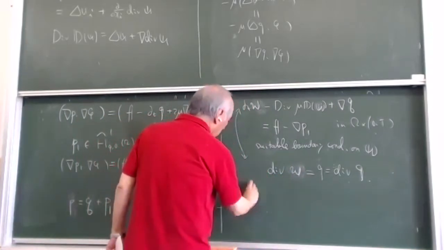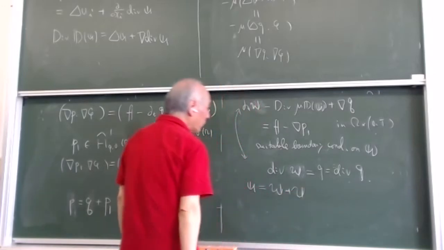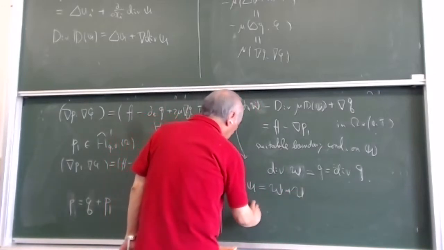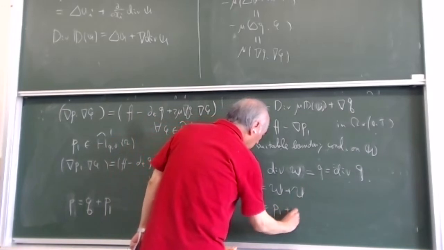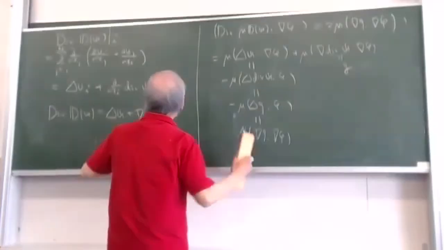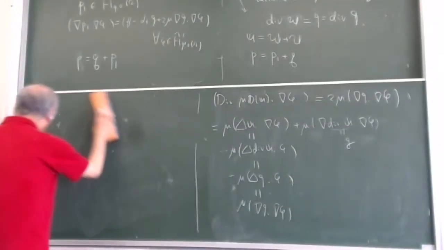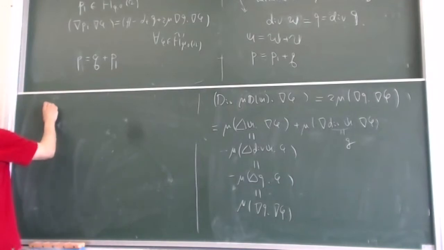So U is given plus U, and P is equal to P1 plus Q. Then we have the equation. Now we have the equation dt gravity.